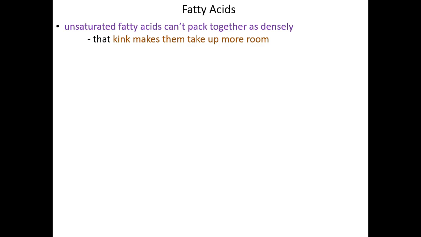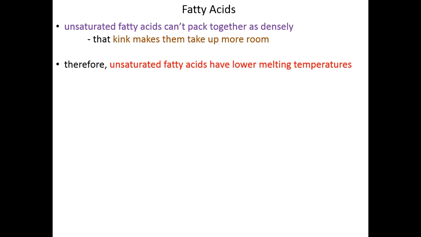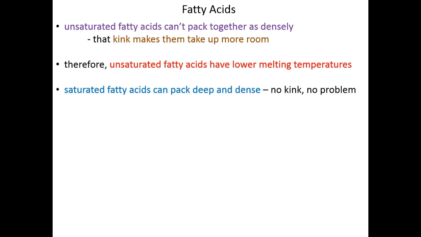Because the fatty acid is unsaturated and has that double bond-induced kink in it, that fatty acid takes up more physical space than it would have otherwise, and so it stops those fatty acids from sitting or clumping as tightly and densely together as they normally would. This makes unsaturated fatty acids have lower melting temperatures. That means they become liquid at lower temperatures. And saturated fatty acids work in the opposite way.